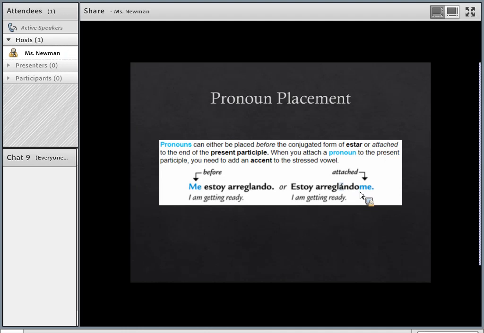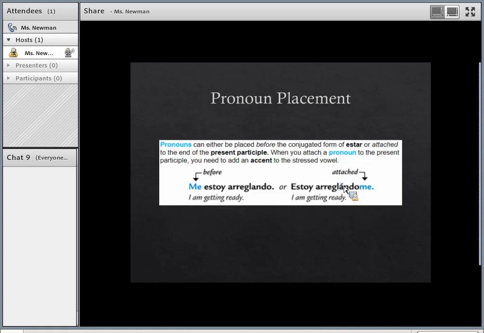And it's going to sound funny. It's going to sound like this: arreglandome, with do getting that stress, right? Because they don't want to do that, you mark the syllable that gets the stress with the accent mark.